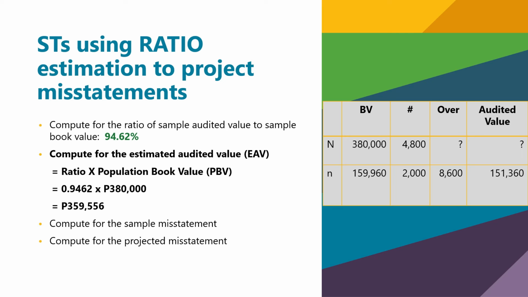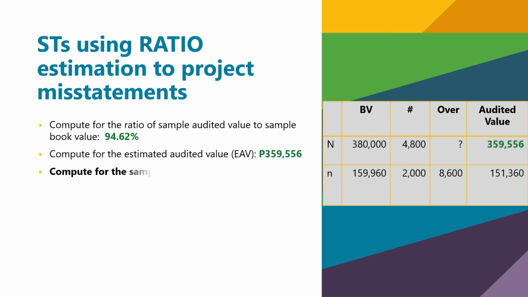So based on the ratio that we have found in the sample, we can now more or less estimate what would have been the audited value had we tested the entire population. So the audited value of the entire population is estimated to be 359,556.